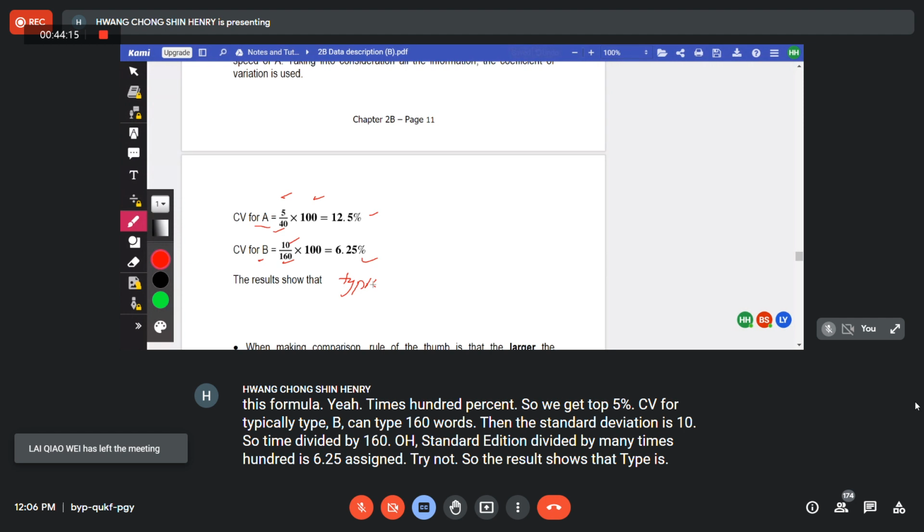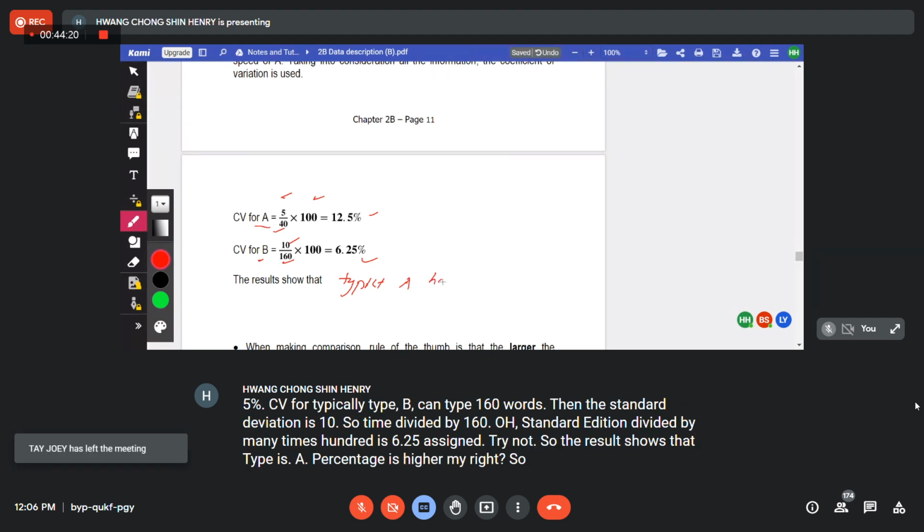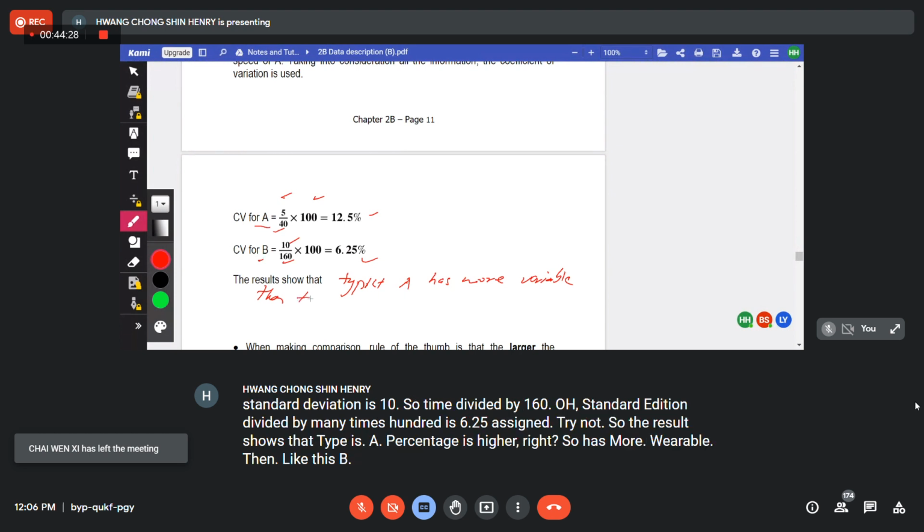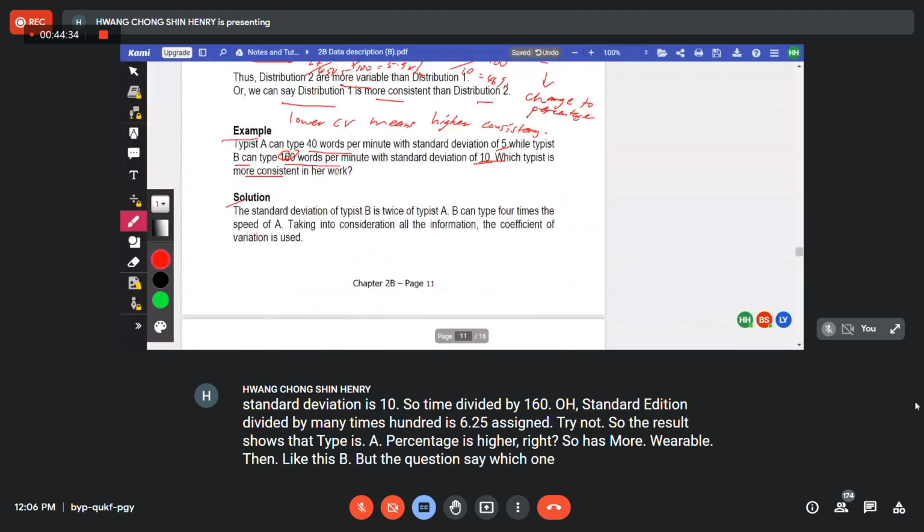typist A's percentage is higher, right? So typist A is more variable than typist B. But the question says which one is more consistent?